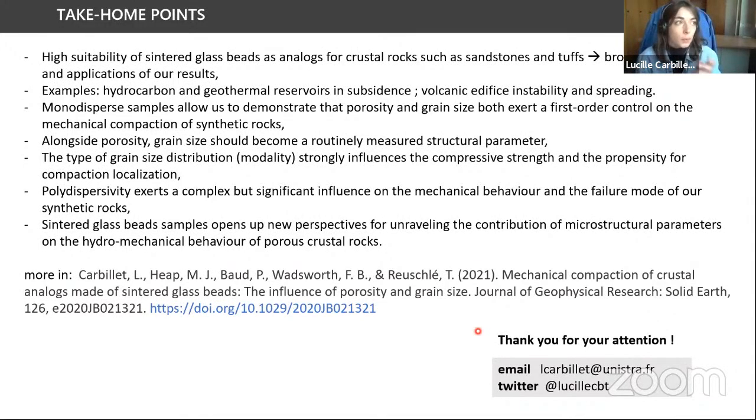And so I think the polydispersity thing is already a lot, and the results that I have so far give us a feeling that there might be something to be studied there. For instance, for the compaction localization, it's really interesting that we don't have them at all in the bimodal samples.